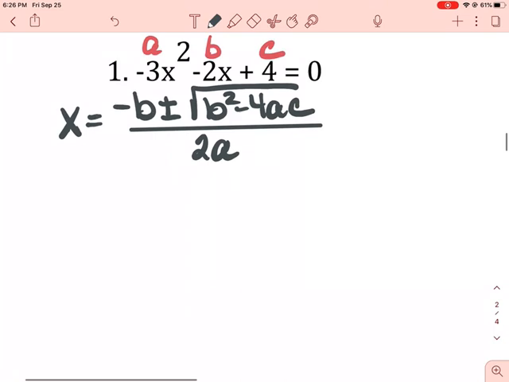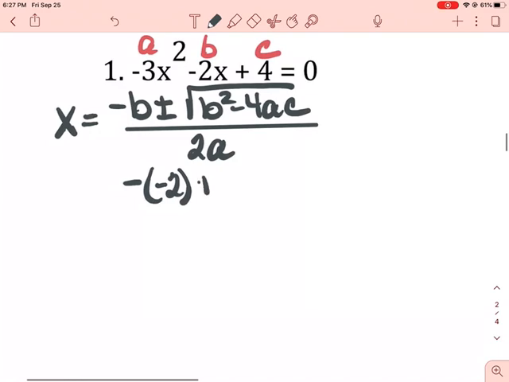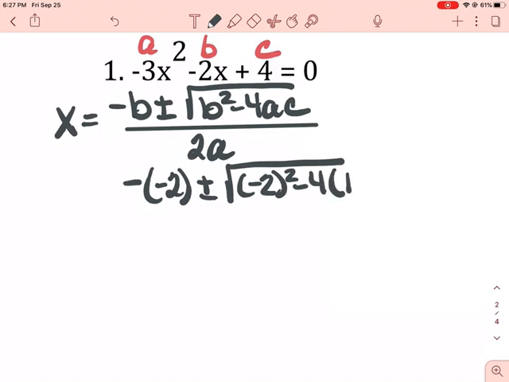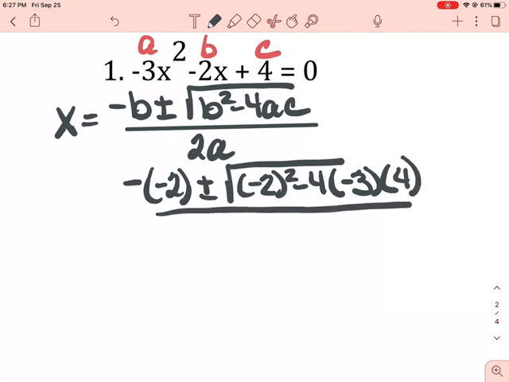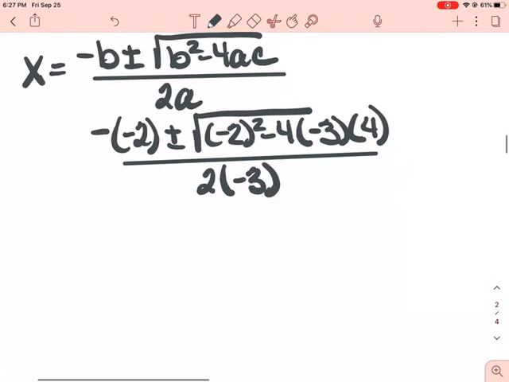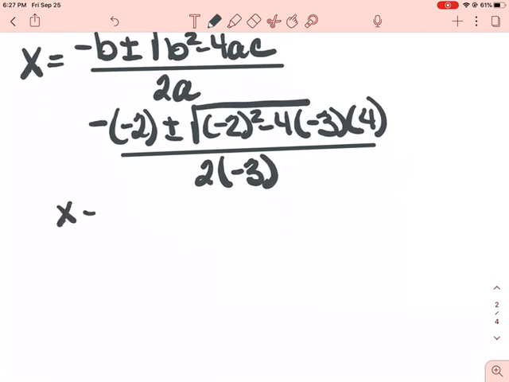All right, substitute your values in. So remember, negative b, if b is negative, it's going to become a positive. Notice there's no variables here. It's all numbers, which is great. That's a lot easier to deal with.